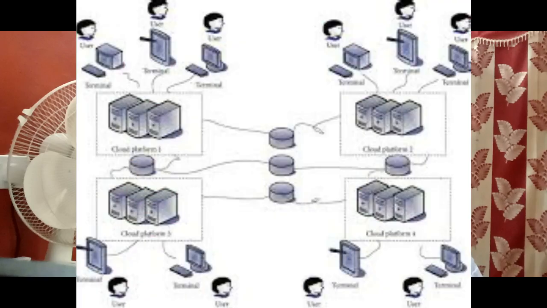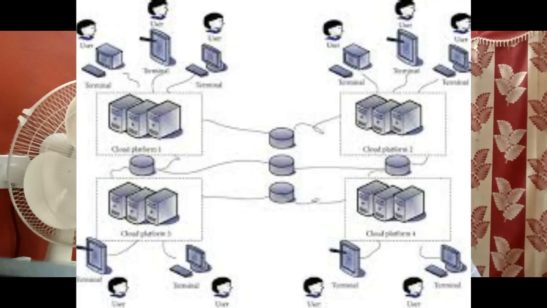Since cloud resources are spread across different regions, organizations can comply with data sovereignty laws and local regulations by ensuring that sensitive data is stored and processed in specific geographic regions.